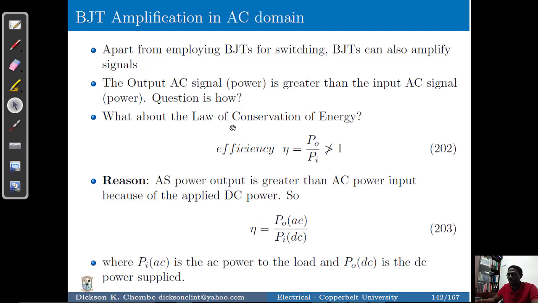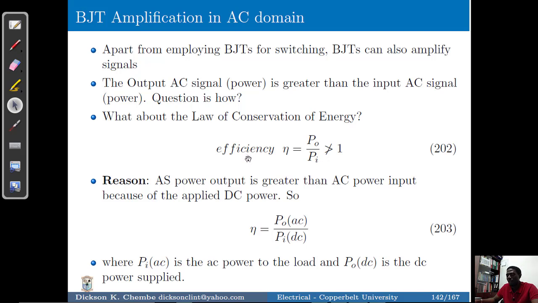A lot of students fail to understand how this is happening, because we've got an AC output signal that is greater than the AC input signal, when according to efficiency principles, or the law of conservation of energy, the power out divided by the power in cannot be greater than 1.